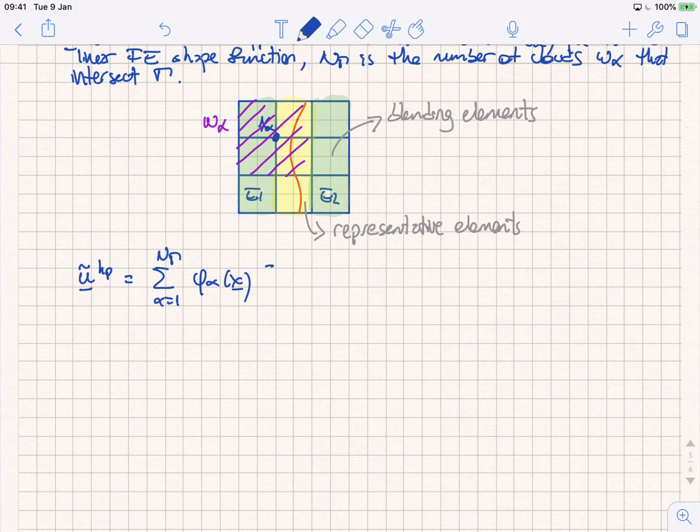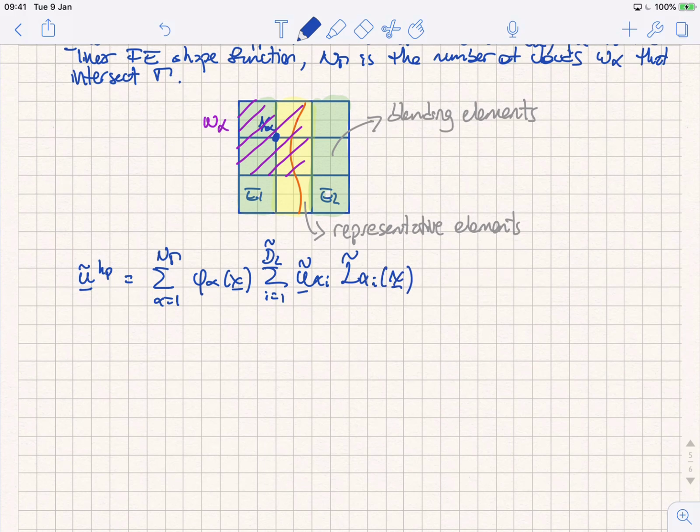And now if you remember the equation that we wrote in the first class for GFEM, I'm going to have another sum, U tilde alpha E times L alpha E.